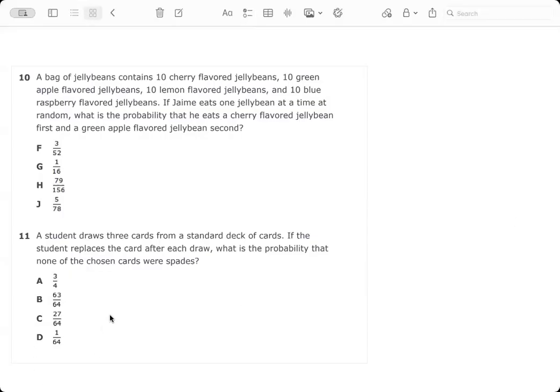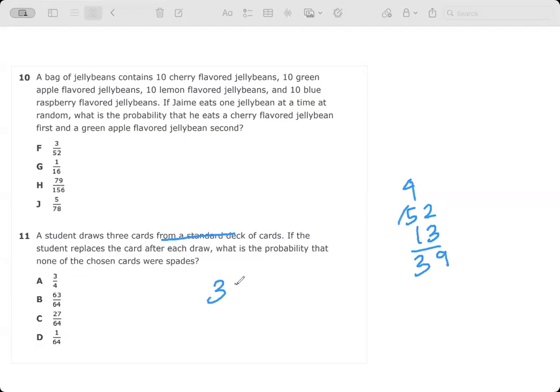So a student draws 3 cards from a standard deck of cards. Student replaces the card after each draw. So what is the probability none of the cards chosen were spades? Of 52, 13 are spades, right? So the first card is 39 out of 52. The student replaces the card after each draw, so the second one, none of them are spades, is again 39 out of 52. 39 over 52 is 13 by what?